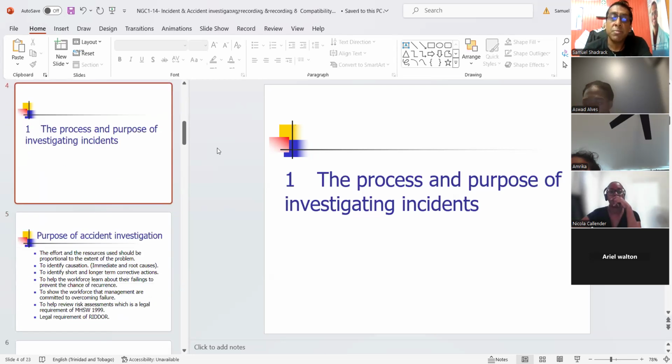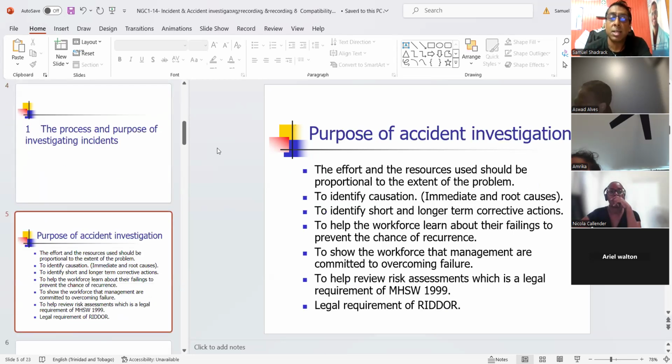So the process and purpose of investigating accidents, the purpose of an accident investigation. The efforts and the resources should be proportional to the extent of the problem.